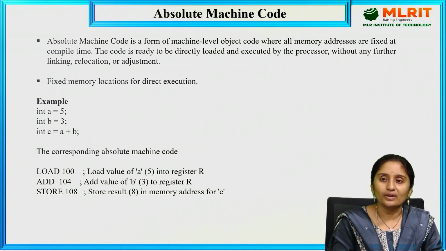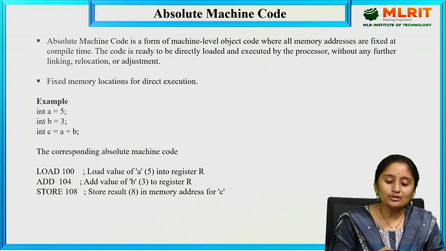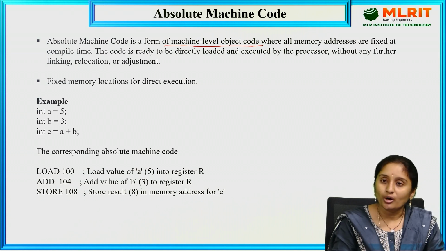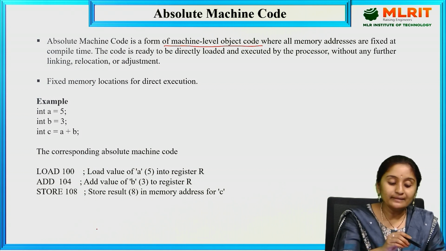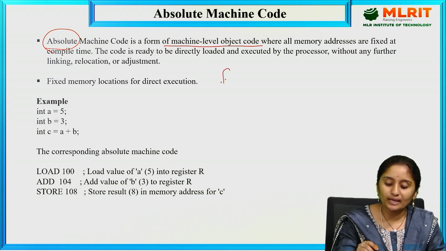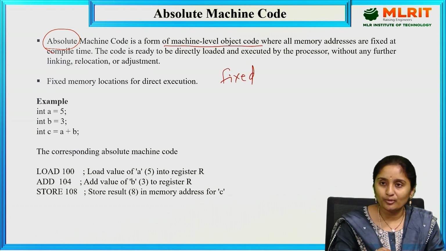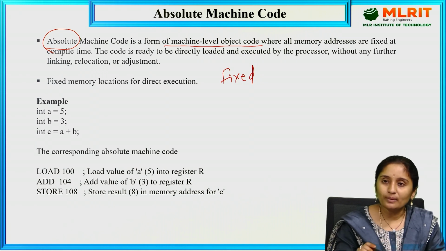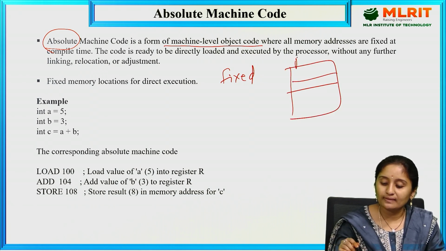The first one is absolute machine code. It is a form of machine level object code. The name absolute itself tells us that the memory is fixed. Fixed memory locations are assigned at compile time. Once a program is compiled, it generates some fixed memory allocation in the RAM.